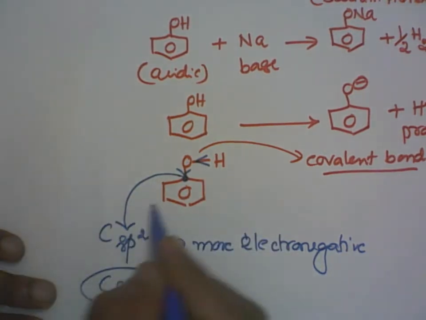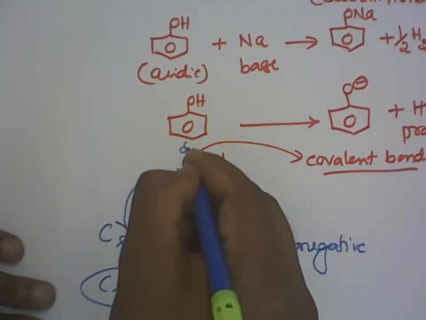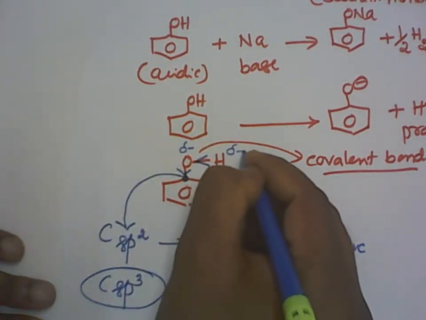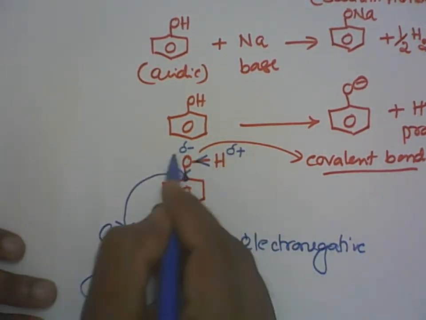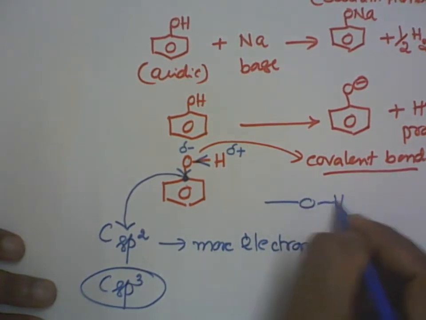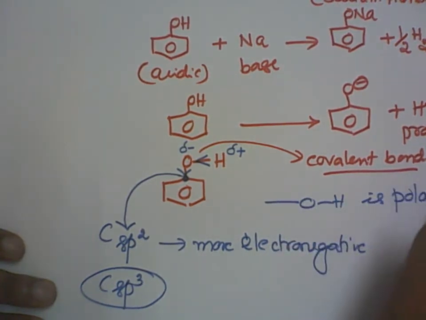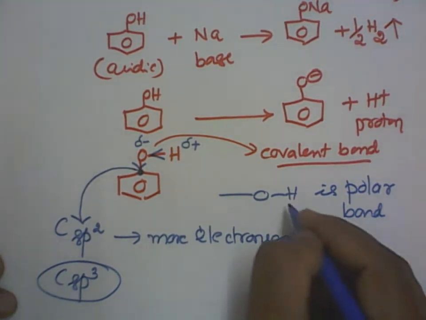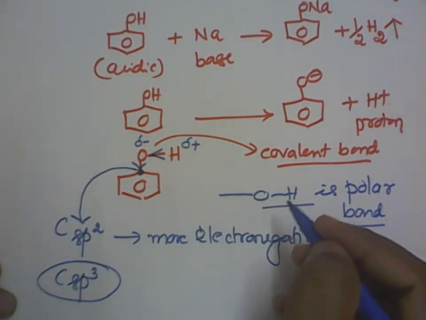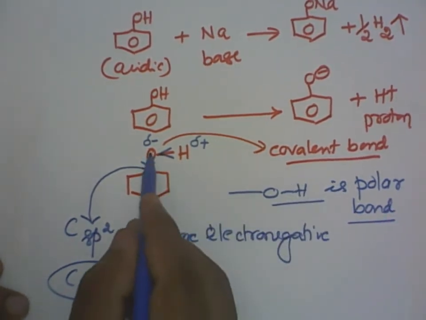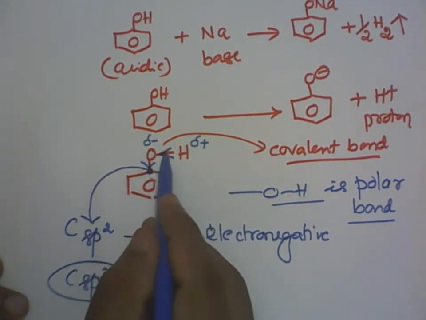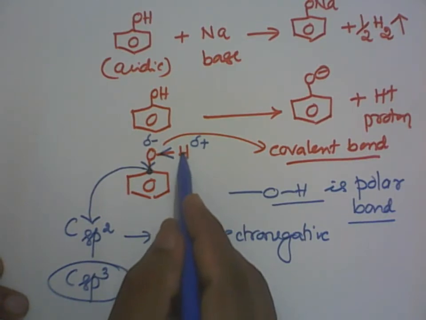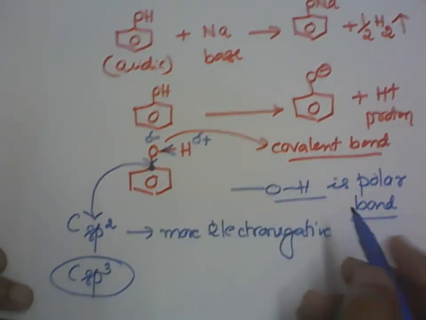As a result, what will happen? We get a partial negative charge on oxygen and a partial positive charge on hydrogen, and there is polarization. That means the OH bond becomes a polar bond. Now, whenever polarity is there, oxygen is more electronegative, so electrons are closer to the oxygen, and the hydrogen atom will detach from the bond and be lost as H plus.